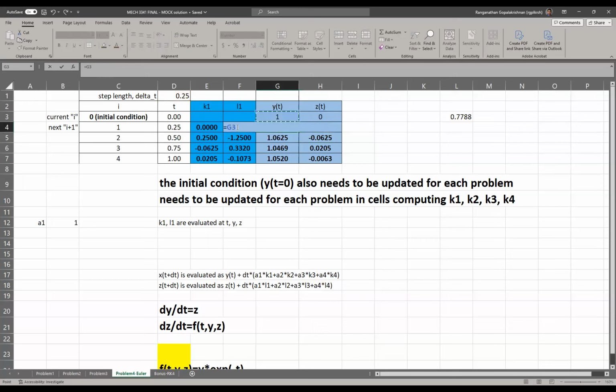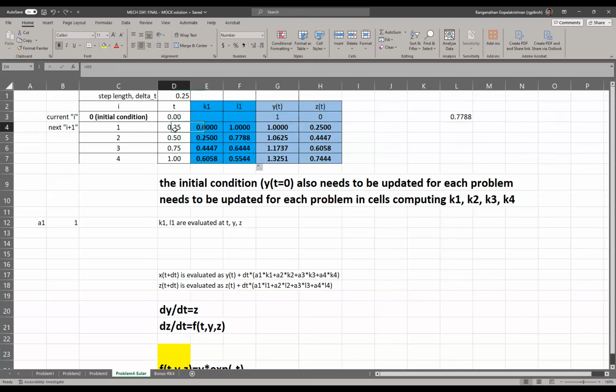So I'll write this as y of t plus. So if you look at the first two values, just these values, we can definitely see if we are on the right track. Okay, so let me just drag these down.